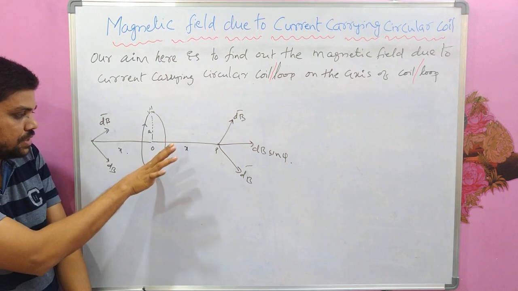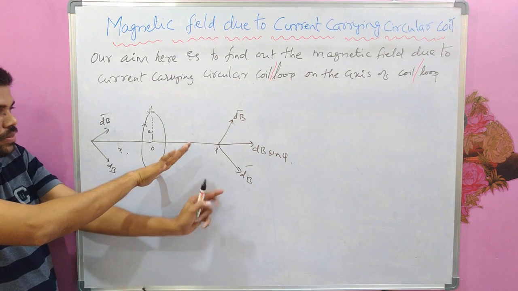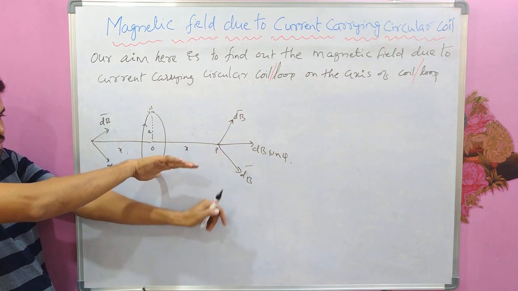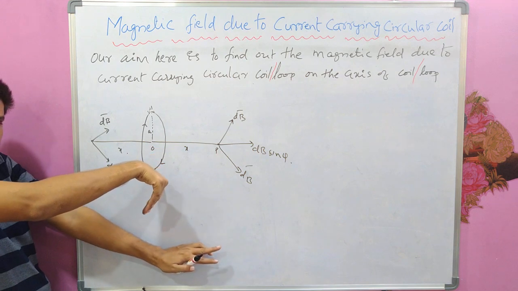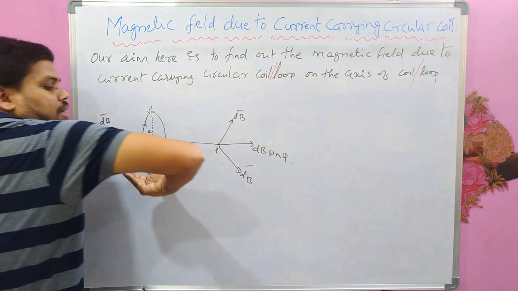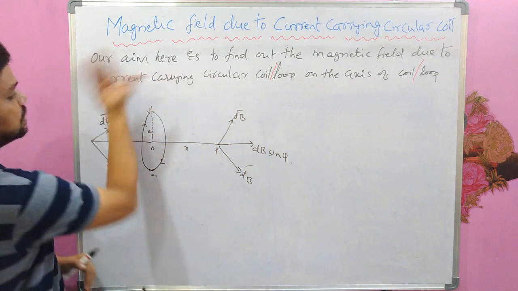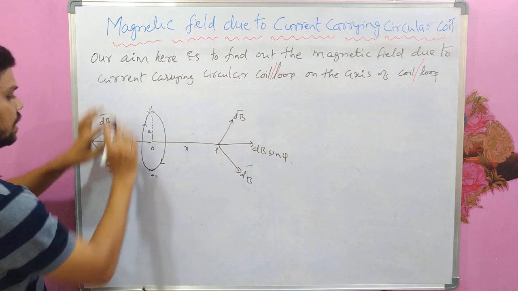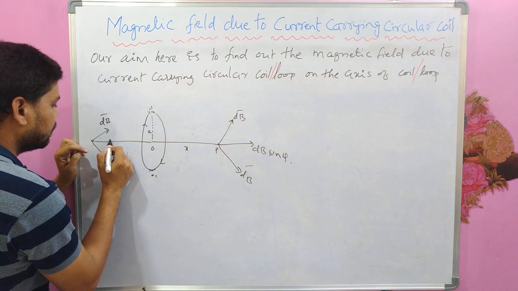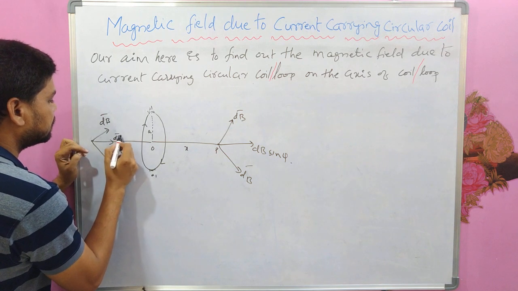This side it is this way here, and keep curling your fingers like this, so that here it will be going in this direction. Due to these two elements, or due to this entire circular coil, the net magnetic field will be this.